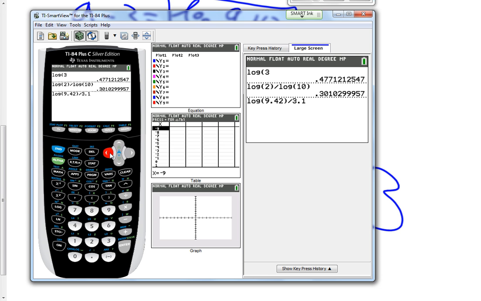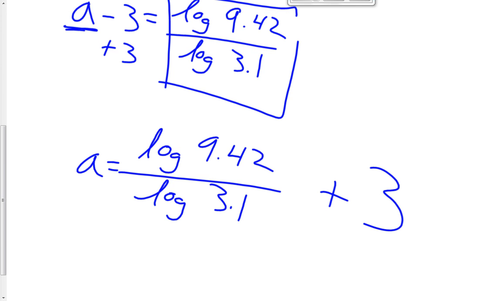The log of 3.1, close parenthesis, equals, and then at the end, we're going to add 3, so plus 3. My value, rounded to 4 decimal places, 4.9824. There's our answer for that question. Letter A equals 4.9824.